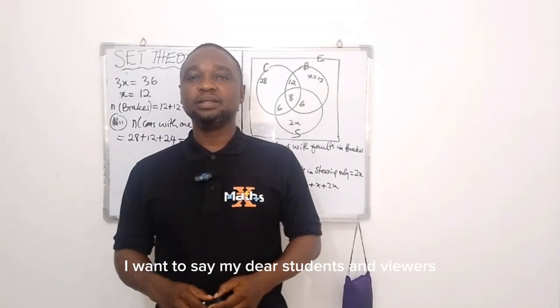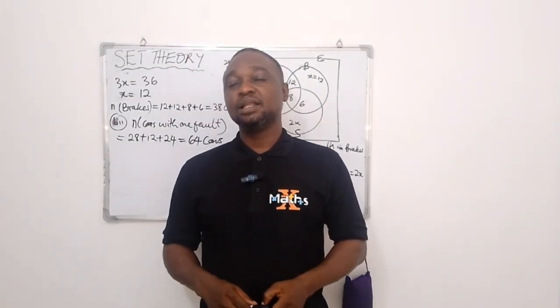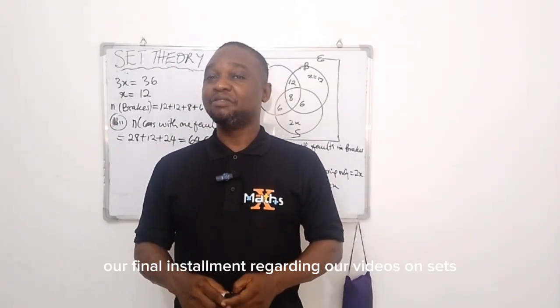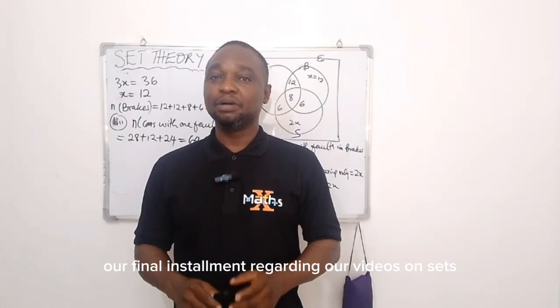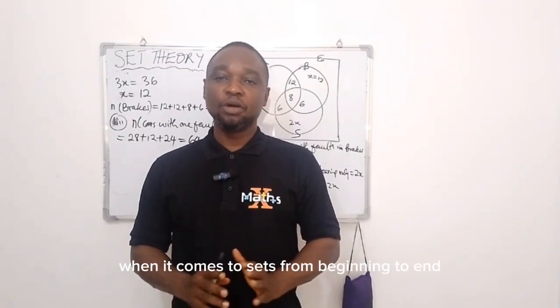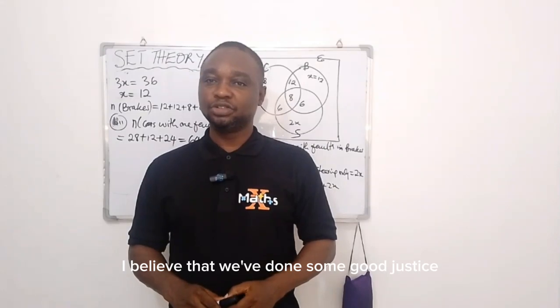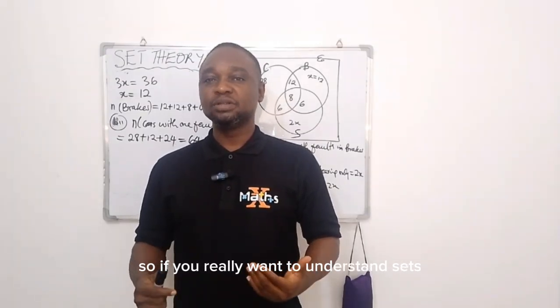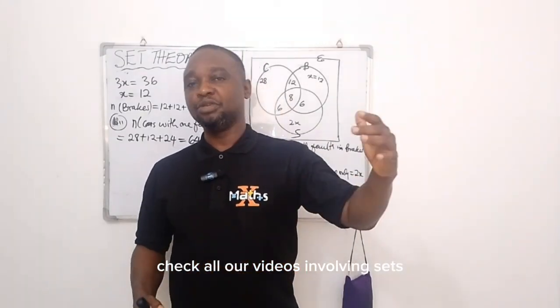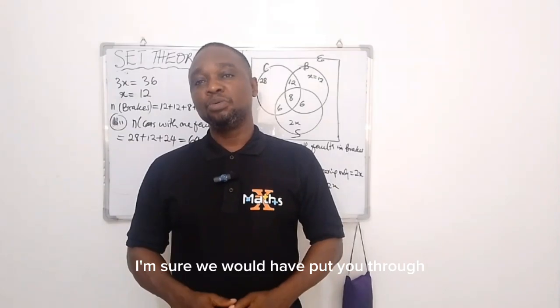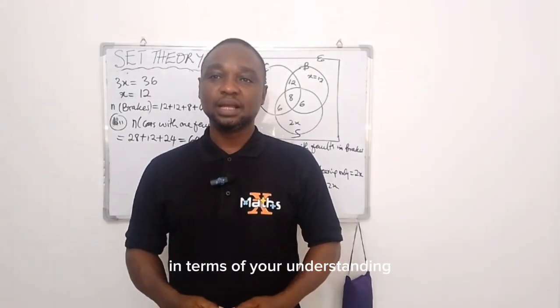This class will mark our final installment on sets. When it comes to sets from beginning to end, I believe that we've done some good justice. So if you really want to understand sets, check all our videos involving sets. I'm sure we would have put you through in terms of your understanding.